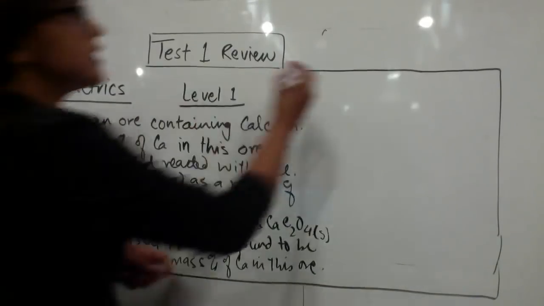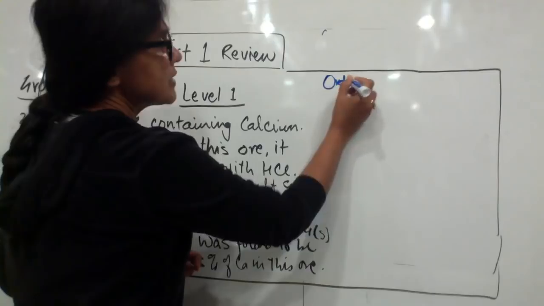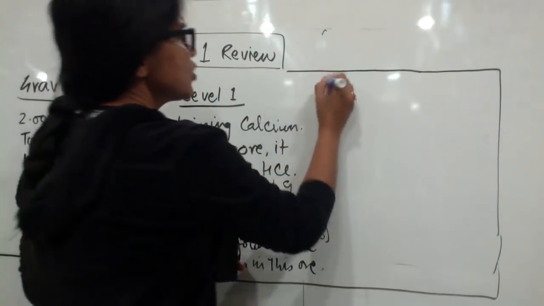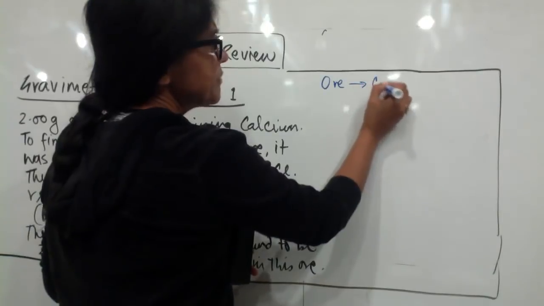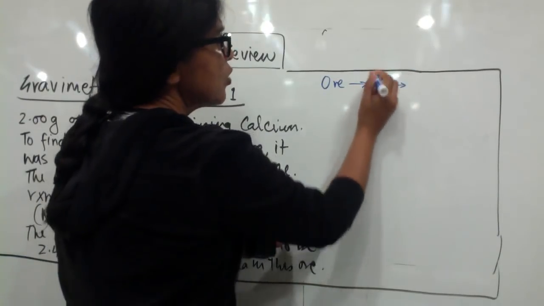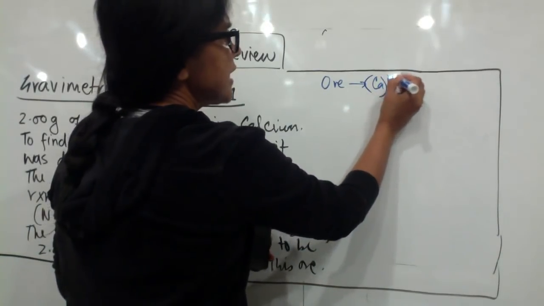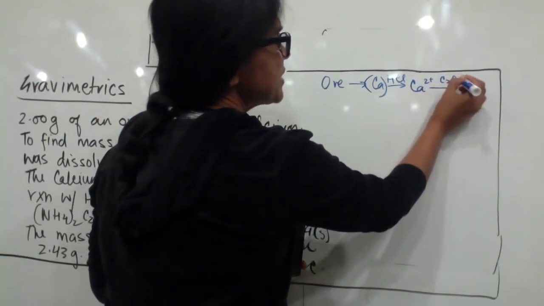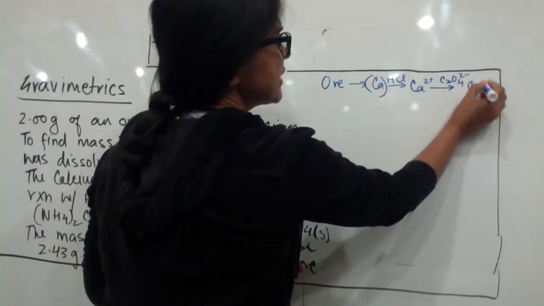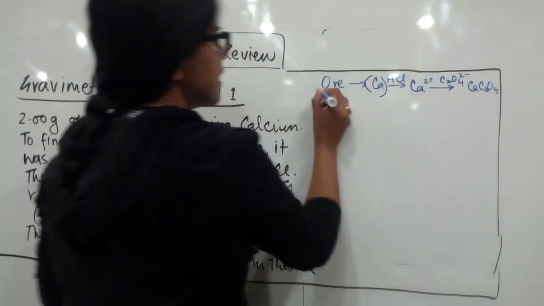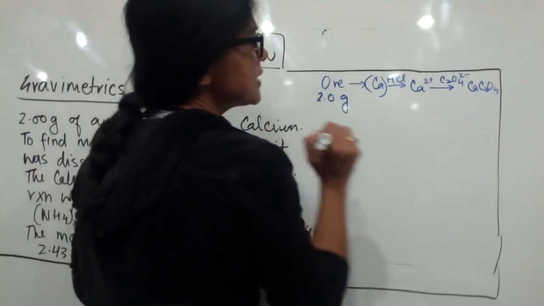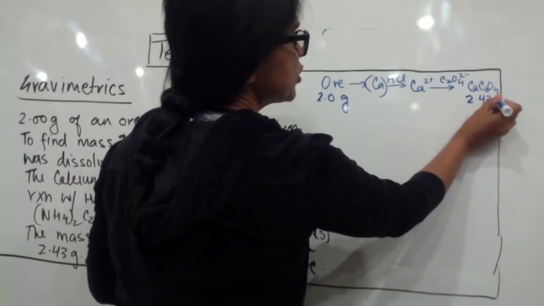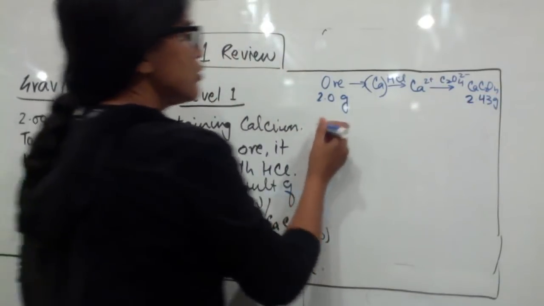So what you did is this ore has calcium, and you reacted the ore with HCl, which turned calcium into calcium ions, which you then precipitated out with oxalate to get calcium oxalate. You have 2 grams of this ore, and you know this precipitate was 2.43 grams.